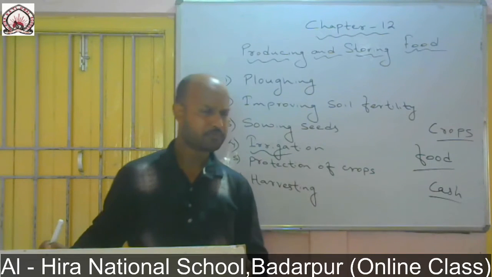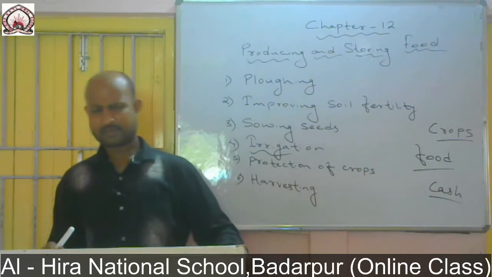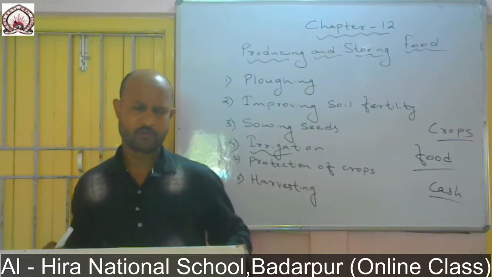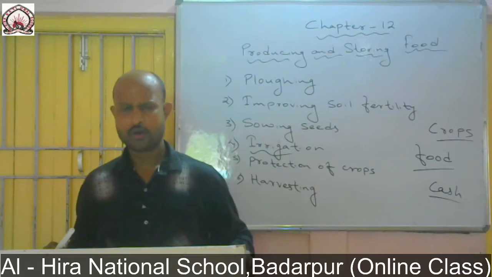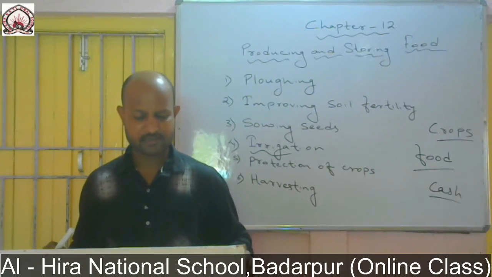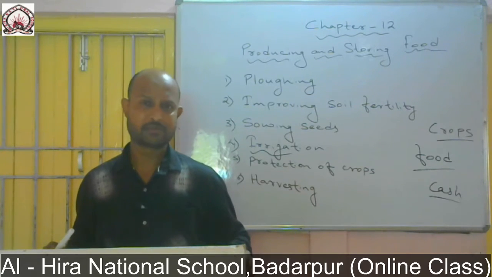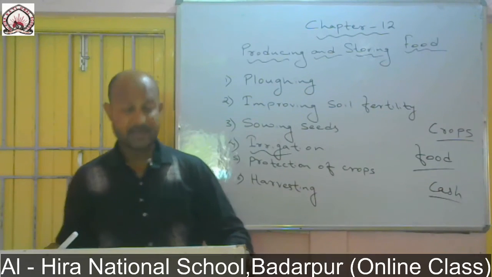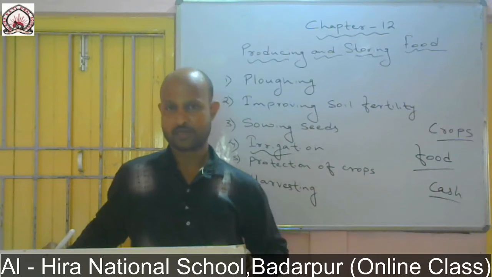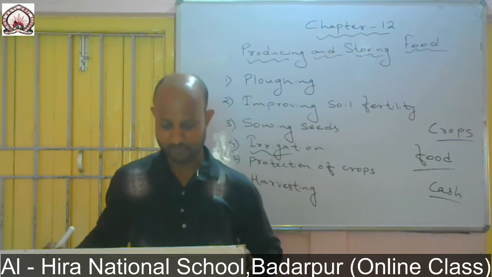Some of the steps that we need to take for the protection of the crops include the use of pesticides. We know that different pests like birds, insects and many other organisms which cause destruction to the crops stay away from the crop plants if pesticides are sprayed on the crop fields.